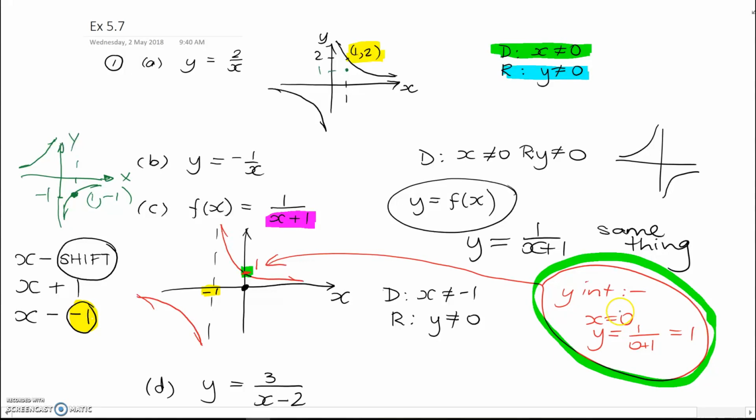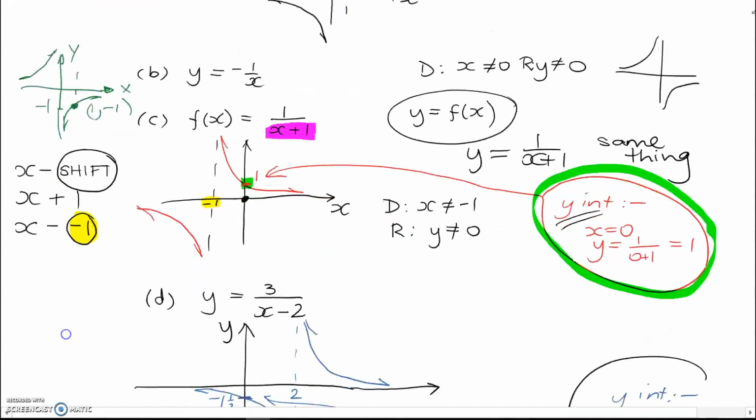So I'm going to put x equals 0 in here. And if I do that, I end up with y equals 1. So that gives me my y-intercept right there. Our domain, well, x can be any real number except for minus 1. And the range, all real y except 0.